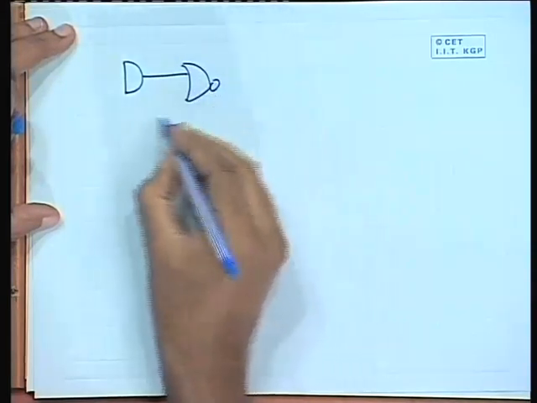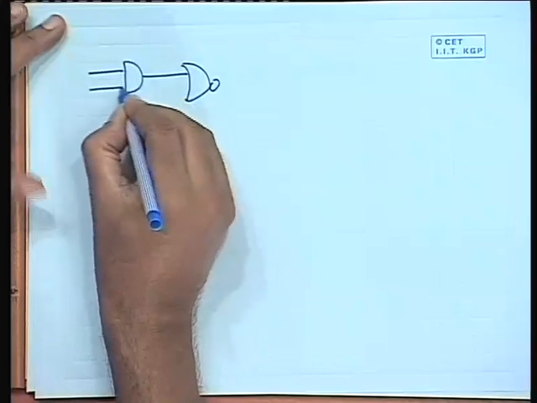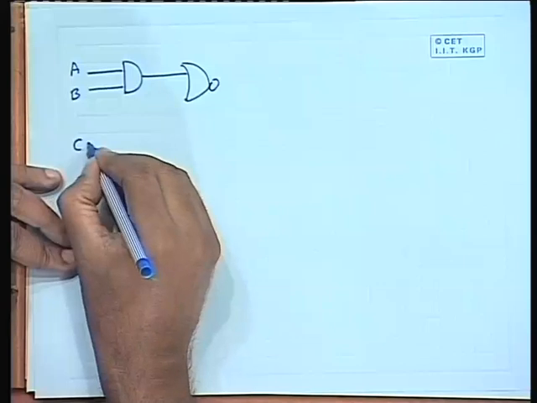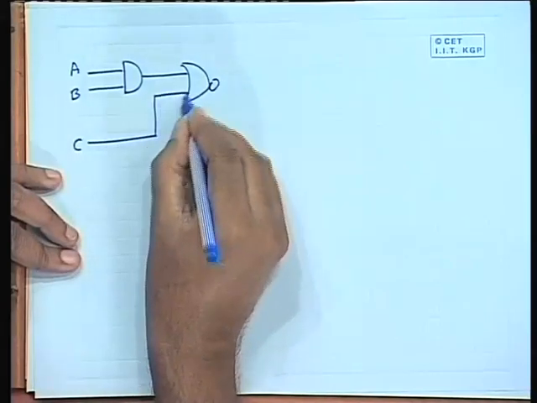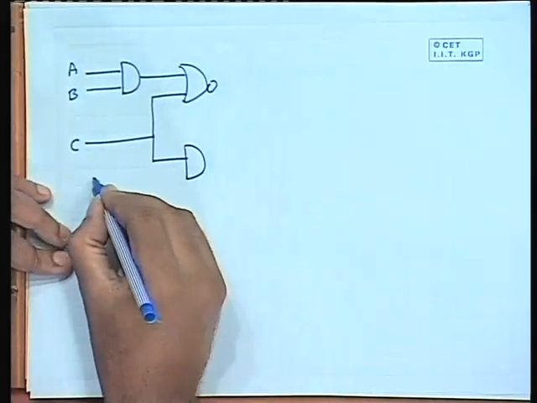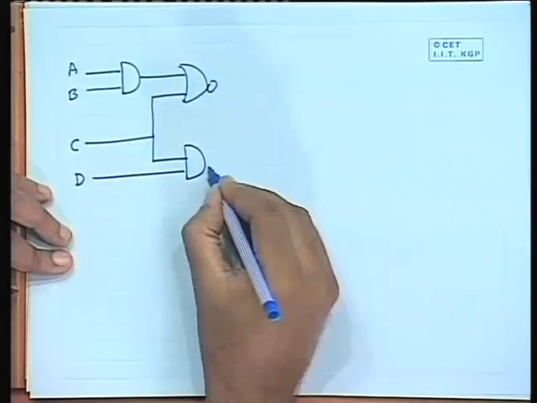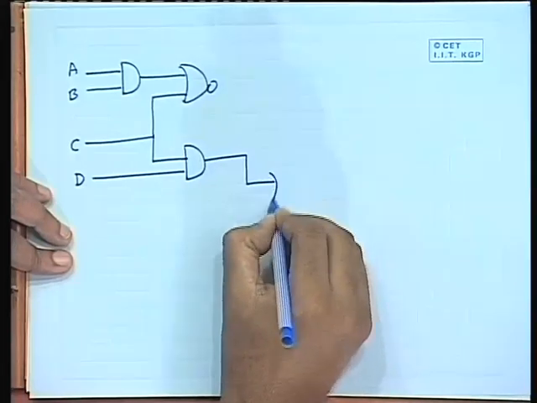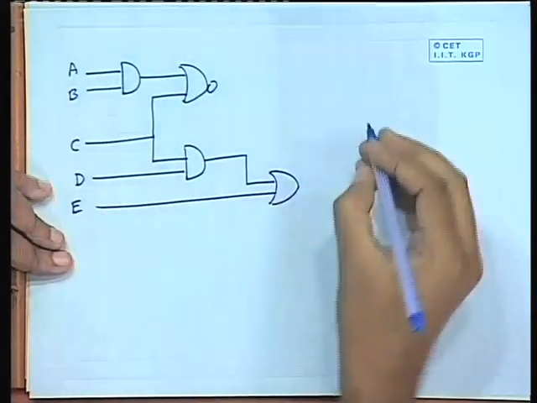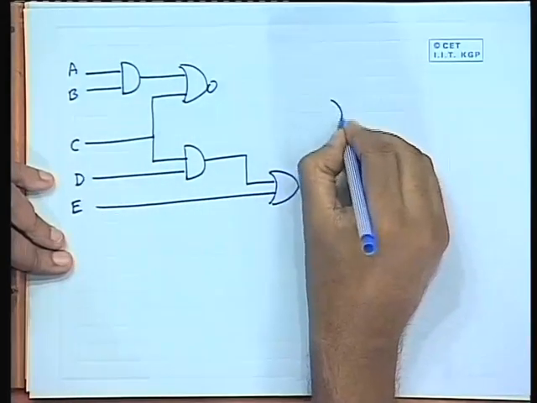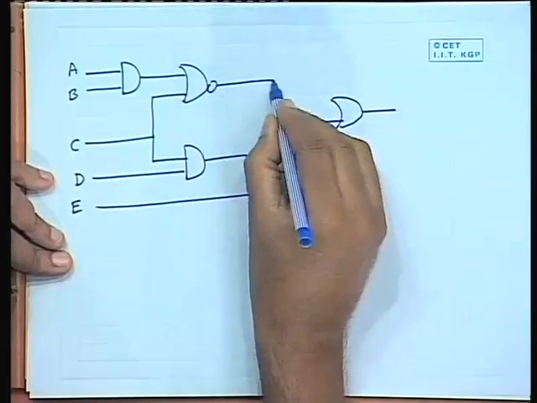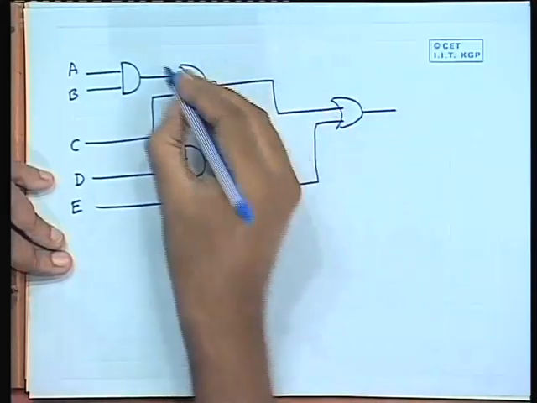Let us take a circuit like this: A, B, this is D, this is E, and give some names to the circuit.